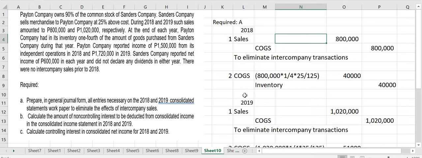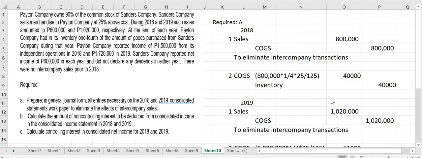So since the buying affiliate here is Payton, yung parent, and it was stated that one-fourth remained in the ending inventory, therefore, to get the ending inventory, 800,000 times one-fourth, that's actually 200,000. Then, to get the markup, i-multiply mo lang siya times 25 over 125. Okay, so you have 40,000 as your markup or yung unrealized profit included in the ending inventory.